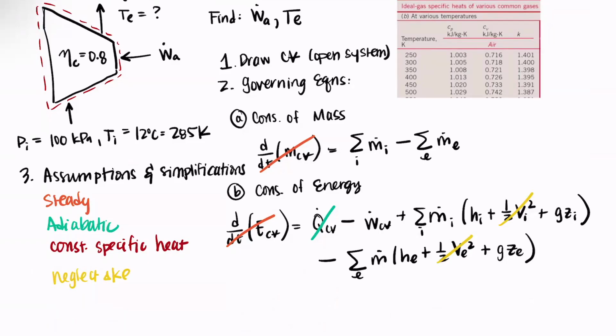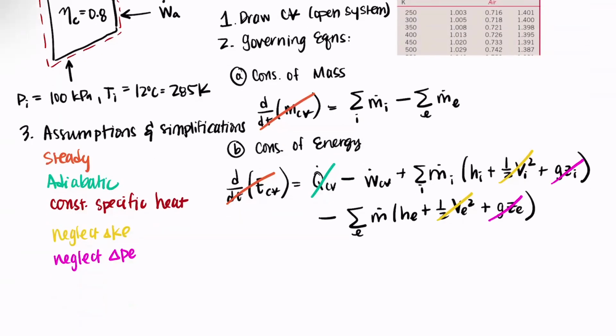And then I'm also going to neglect potential energy changes, so I get rid of my Z terms. And last, we have one inlet and one outlet, so I can get rid of my summations.